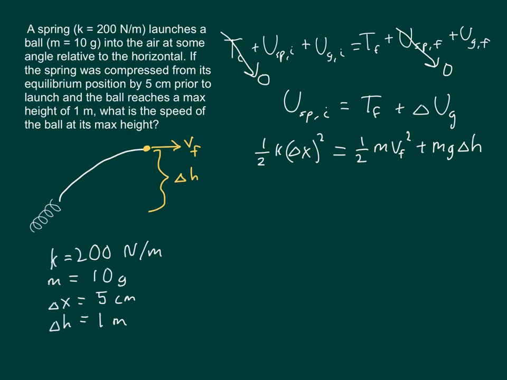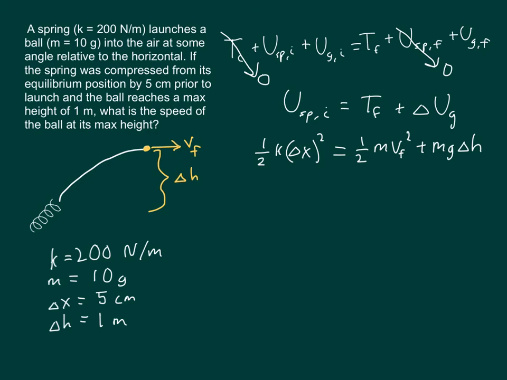At this point, we've got an equation with a few different variables, and we want to solve for one variable, v sub f. So now why don't you go ahead and pause the video, and without plugging in any numbers yet, let's just continue to work with variables. Take this equation and manipulate it to solve for v sub f, and we'll compare results when you get back.